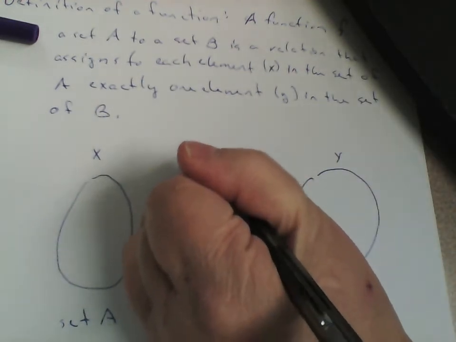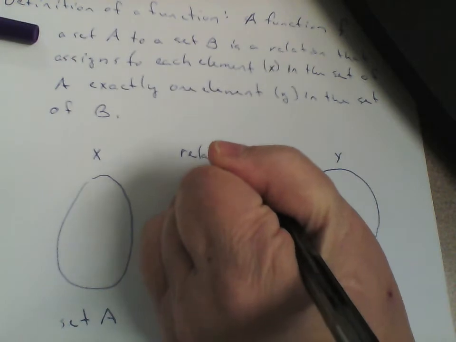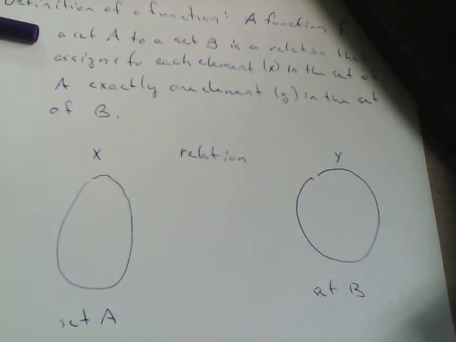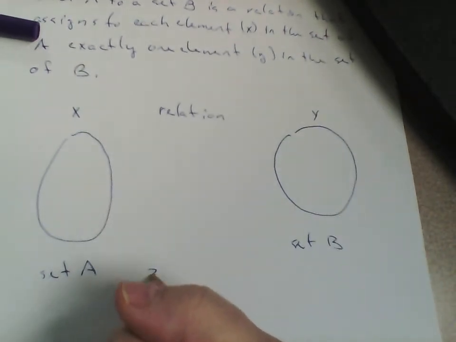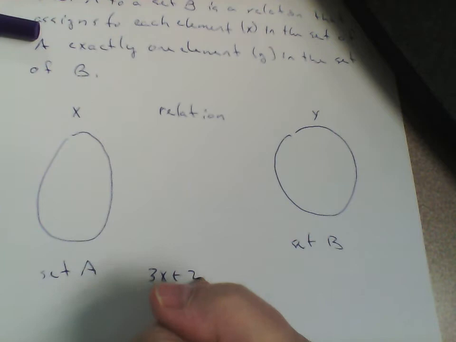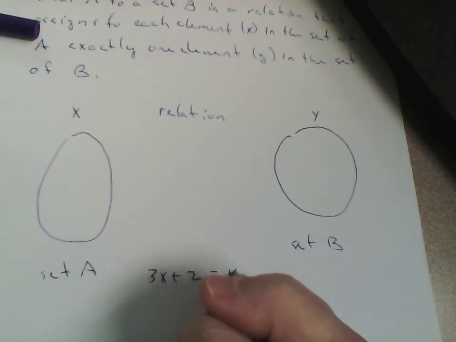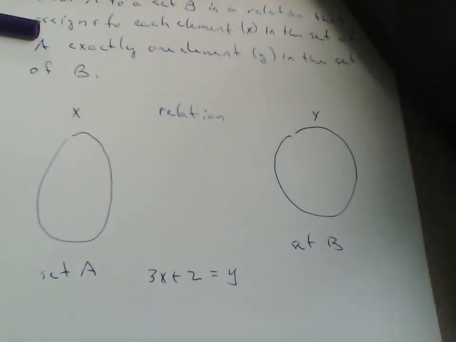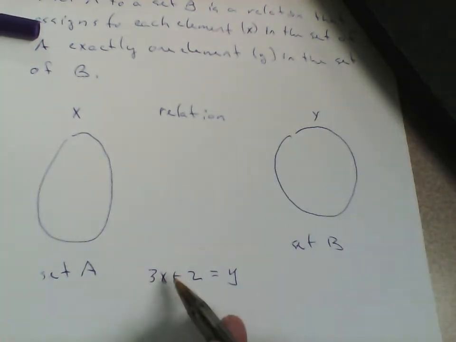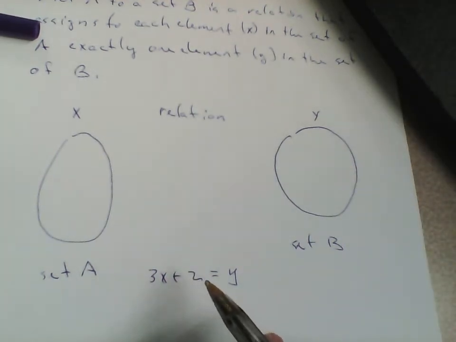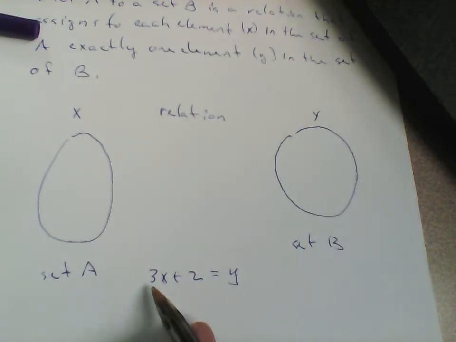And a relation is just whatever action is happening to x. So if I have something that says, say, 3x plus 2 equals y, or f of x, the relation is everything that we're doing to this input value, everything we're doing to x. In this case, we're multiplying it times 3 and adding 2.